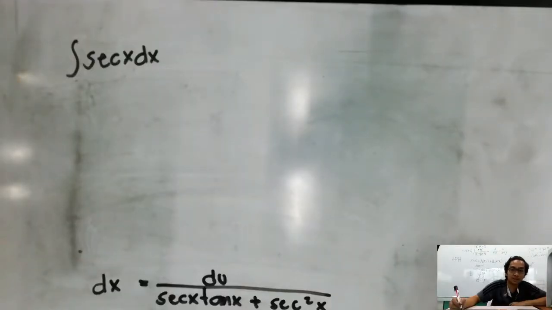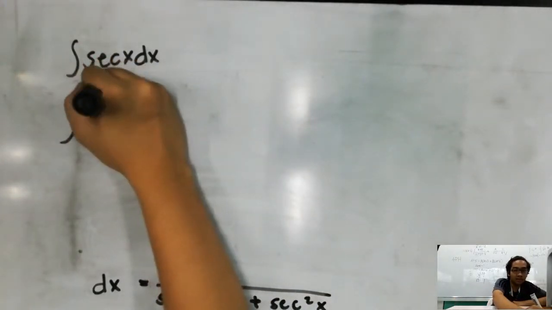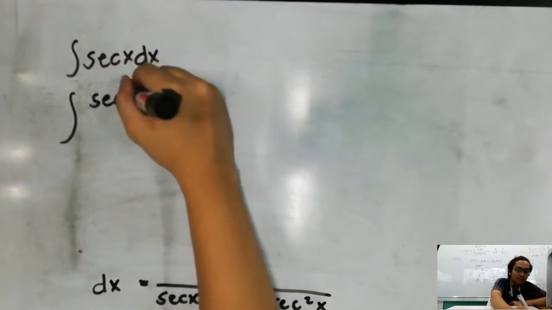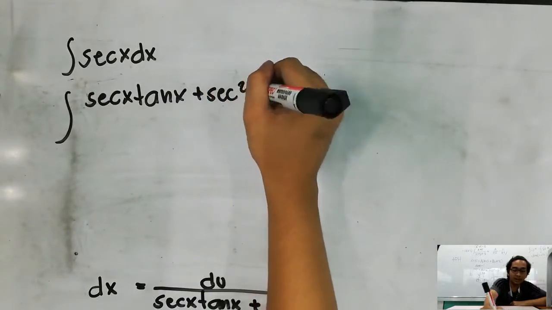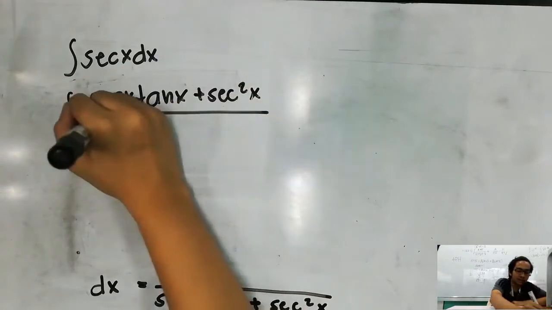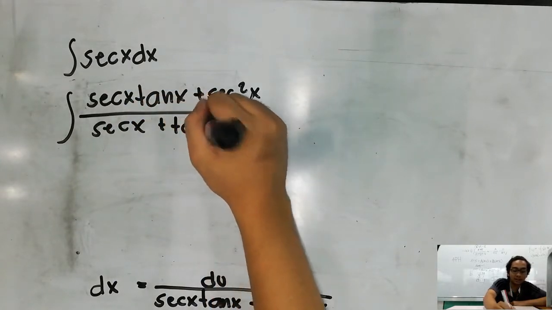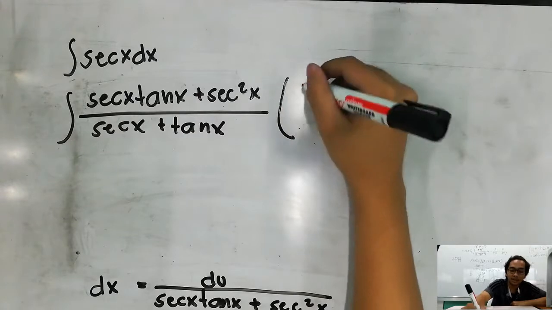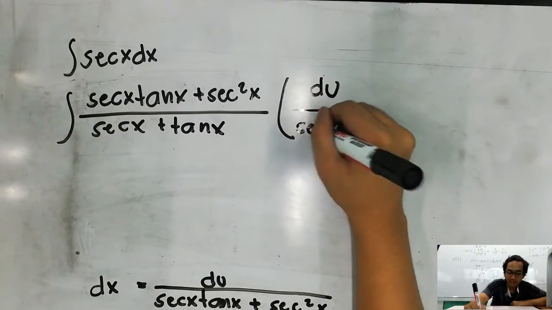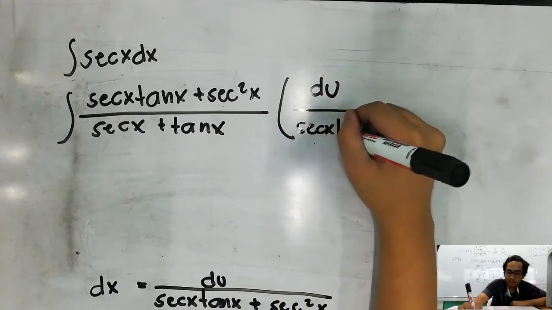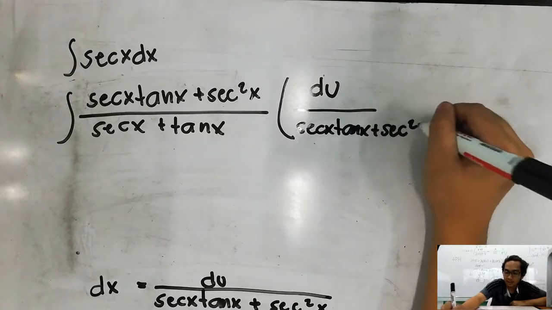Let's substitute dx in our function. Integral of secant x tangent x plus secant squared x over secant x plus tangent x times du over secant x tangent x plus secant squared x.